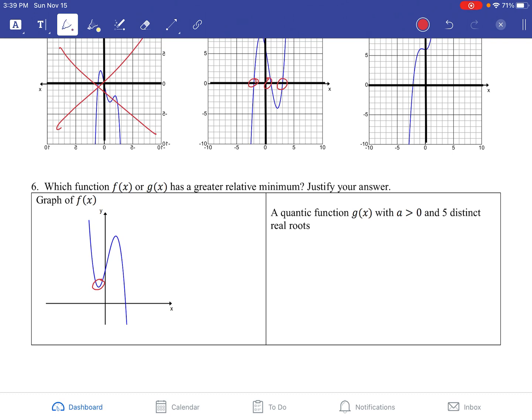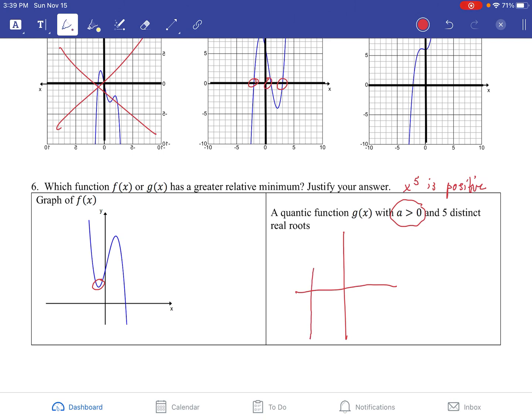Quintic function with 5 distinct real roots. Okay, notice this piece, A is greater than 0. That means the first term, the x to the 5th, is positive, because it says that the A value is greater than 0. Okay, so if it's a positive function and it's x to the 5th, your graph's going to look like this. It's going to start down at the negative part because it's a positive function.